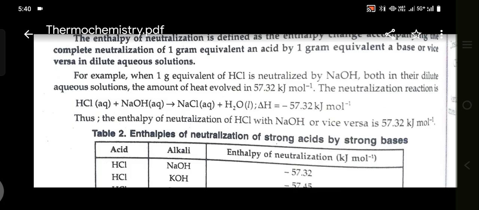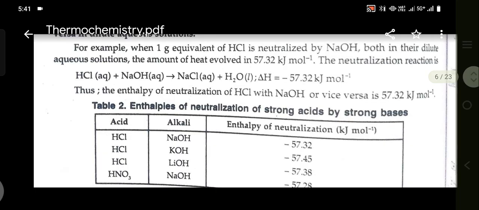The neutralization reaction will be HCl(aq) + NaOH(aq) gives NaCl(aq) + H2O(l), ΔH = −57.32 kJ per mole. Thus, the enthalpy of neutralization of HCl with NaOH or vice versa is 57.32 kJ per mole.